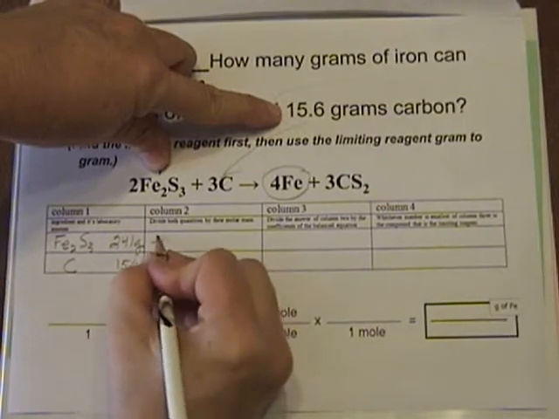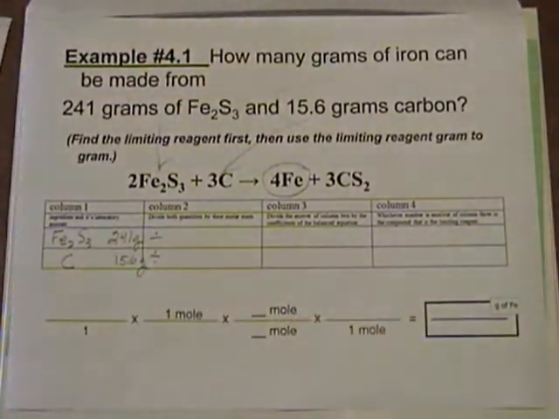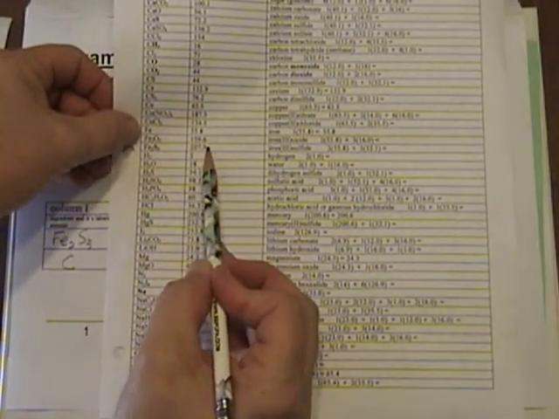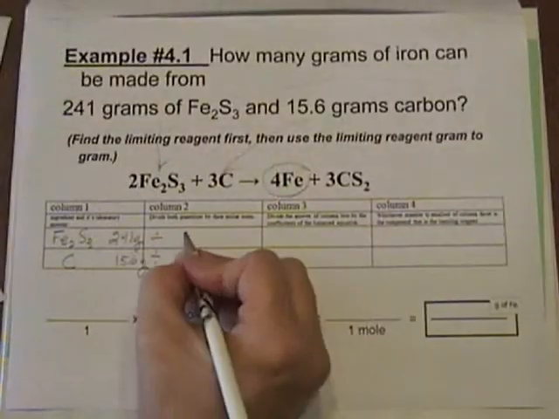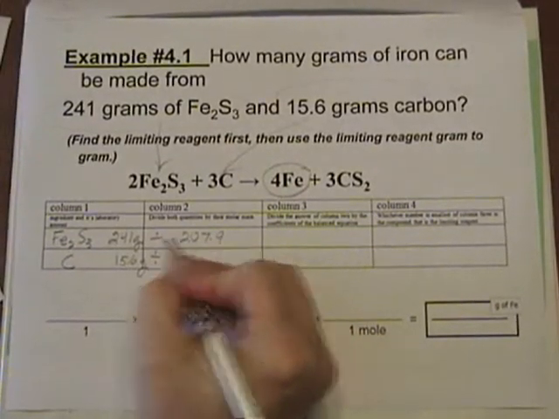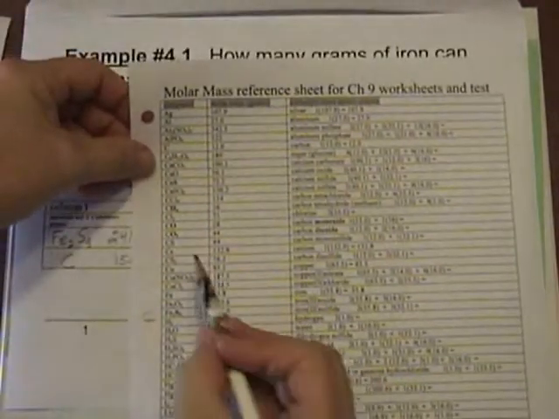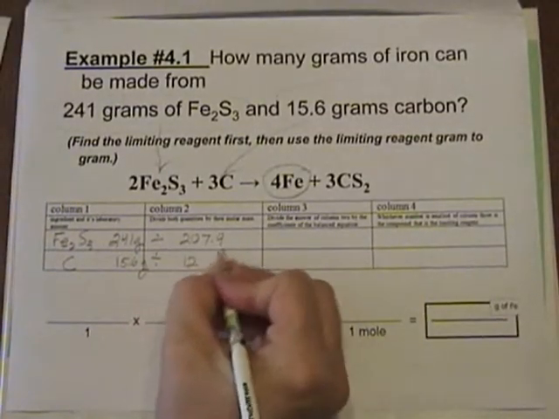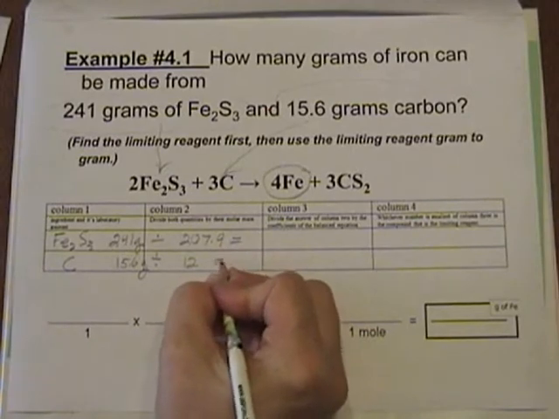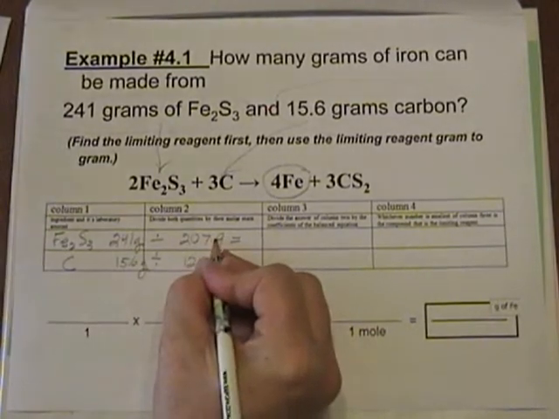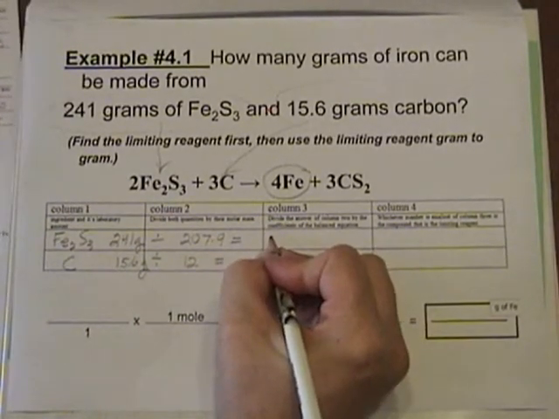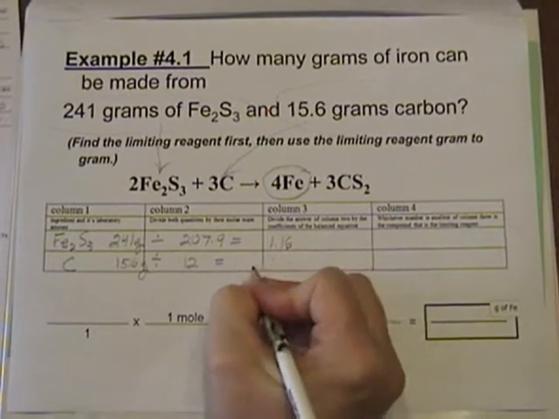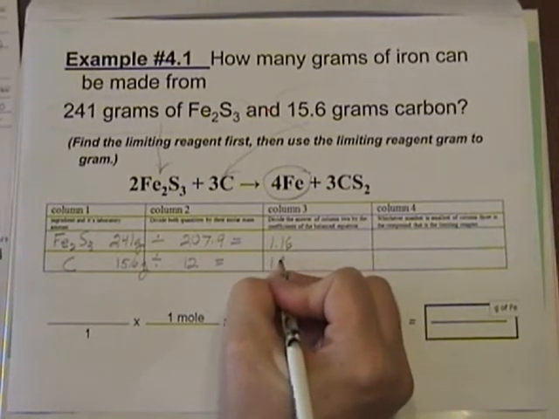Now we divide them by their molar mass, and Fe2S3's molar mass is 207.9, and carbon's molar mass, you might remember that one because sometimes you can memorize some of these, is 12. And after dividing those two, you get a number. The first answer was 1.16, and this one was 1.3.